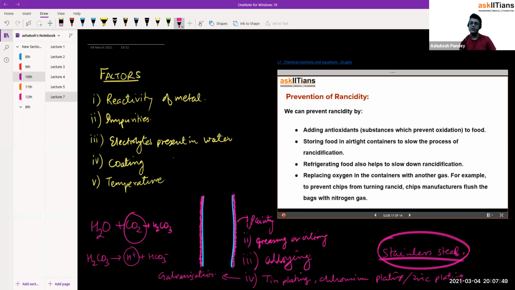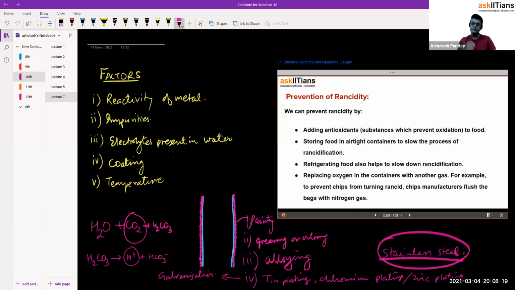So we can mix antioxidants, or store food in airtight containers to slow the process of rancidification. Why? In airtight containers we are cutting the oxygen off. That's how, if we store food in airtight containers, we can slow down rancidification.